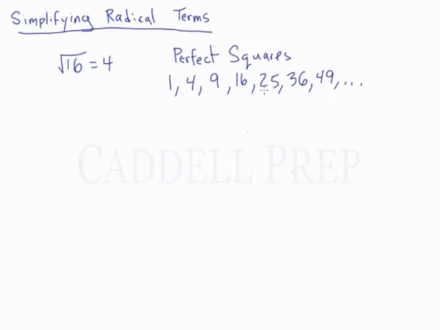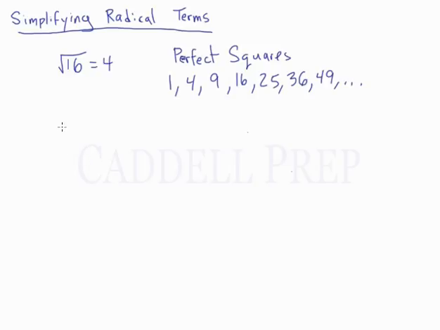These are perfect squares because we could do the square root of any of these and get an integer. So the square root of 1 is 1, the square root of 4 is 2, the square root of 9 is 3, the square root of 16 is 4, the square root of 25 is 5, the square root of 36 is 6, and the square root of 49 is 7. So this is a perfect square.